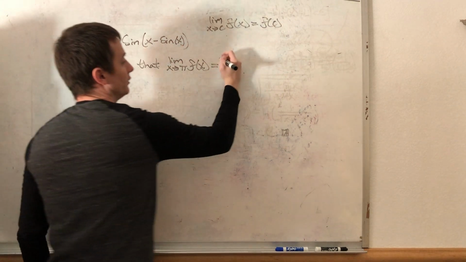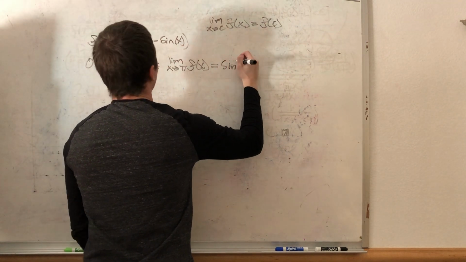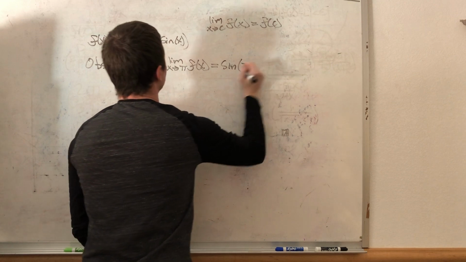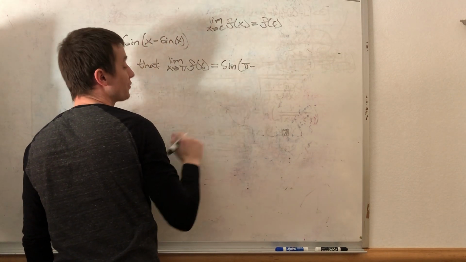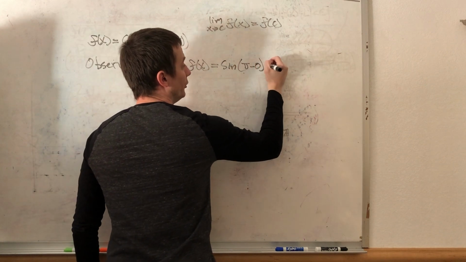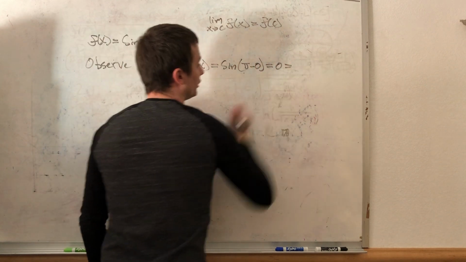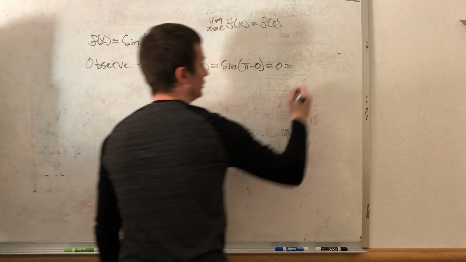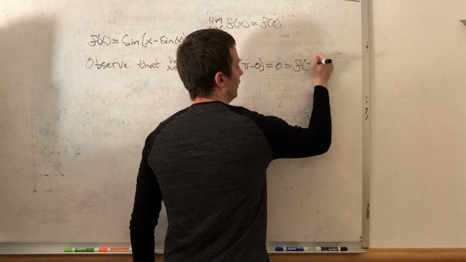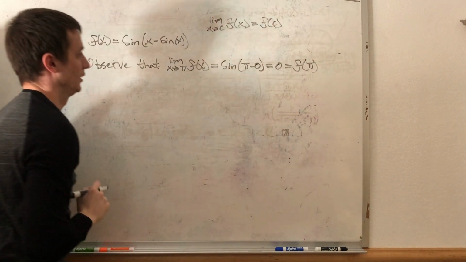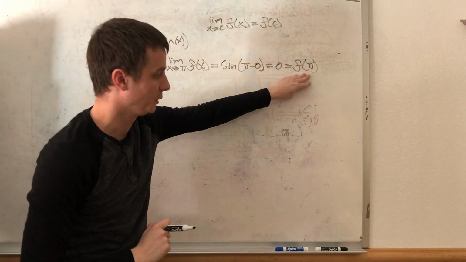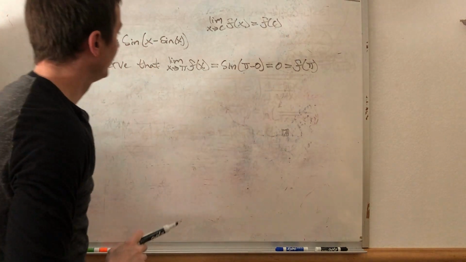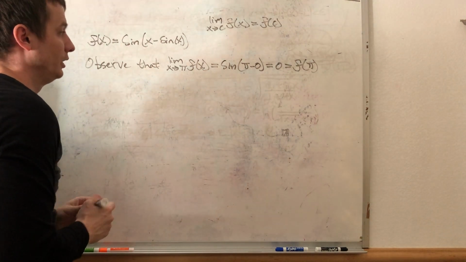So this is equal to sine of pi minus sine of pi, which is just 0, which is also equal to what we get when we plug the point in, f of pi. And so, since as x approaches pi we get 0, which is what we get when we plug in pi for the function, we proved that the function is continuous at that point.